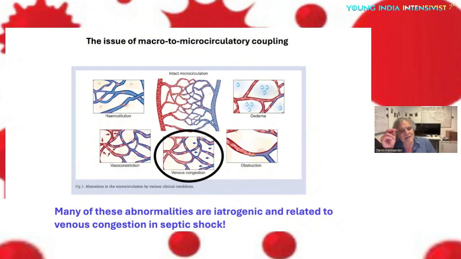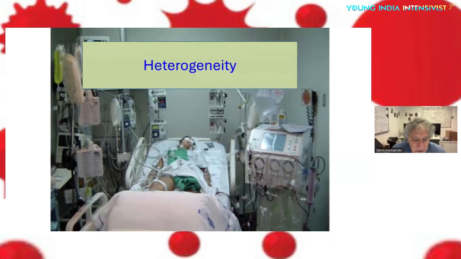And it affects this issue that is macro to microcirculatory coupling. These abnormalities were assessed initially by Professor Ince in the Netherlands with video microscopy under the tongue, sublingual microcirculation. He described several types of microcirculatory derangements in septic shock, and many of these are related to congestion, are iatrogenic. So this is a big problem when you speak about reperfusion, about restoring tissue perfusion.